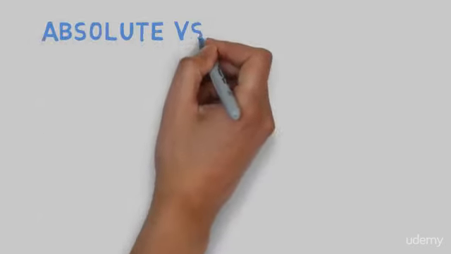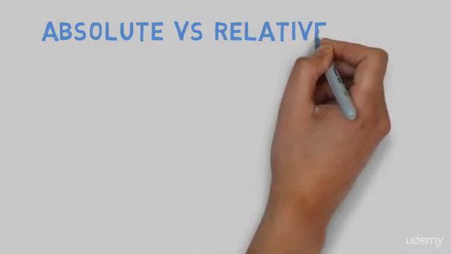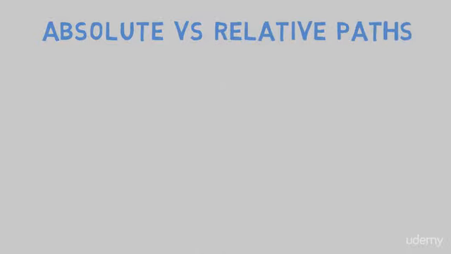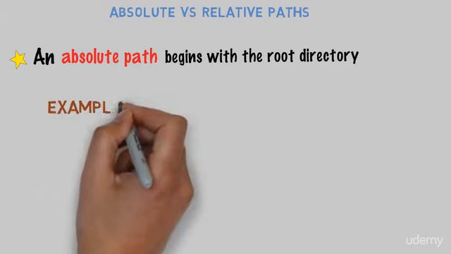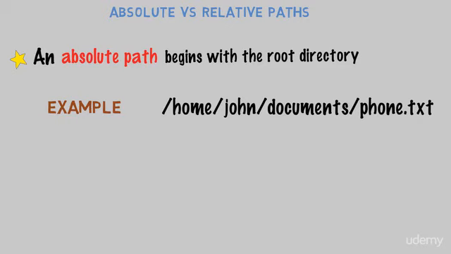There are two ways to access a file or a directory. You can use the absolute path, which begins with the root directory. The absolute path follows the directory tree branch by branch until the path to the desired directory or file is completed.